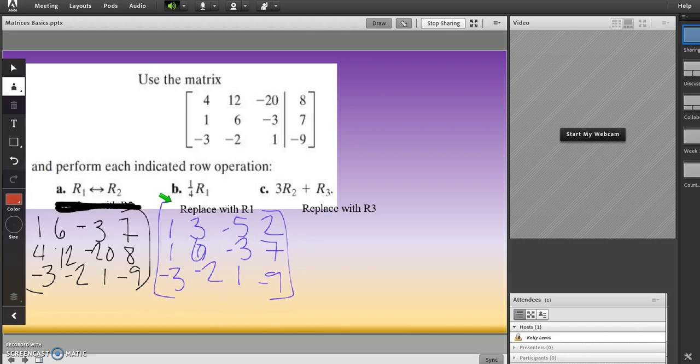All right, and then I'm going to take 3 times row 2 plus row 3, and I'm going to replace row 3 with it. But first I need to do 3 times row 2. So 3 times 1 is 3. 3 times 6 is 18. 3 times -3 is -9. 3 times 7 is 21. I need to add that to row 3, which is -3, -2, 1, -9. Okay, and then I'm going to leave everything else alone.